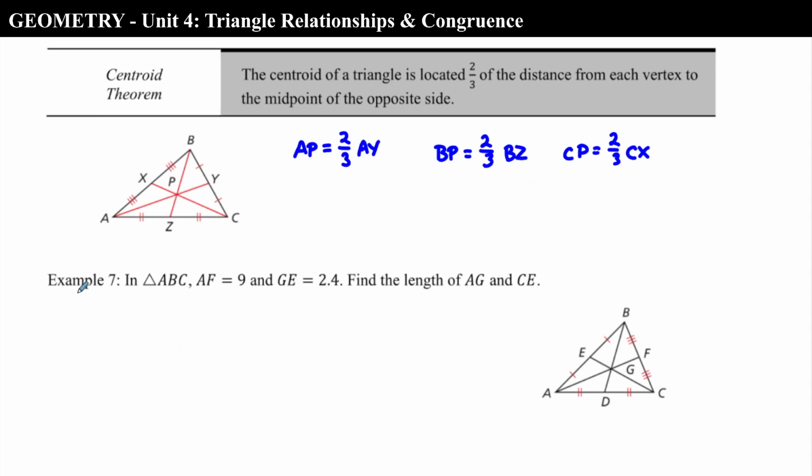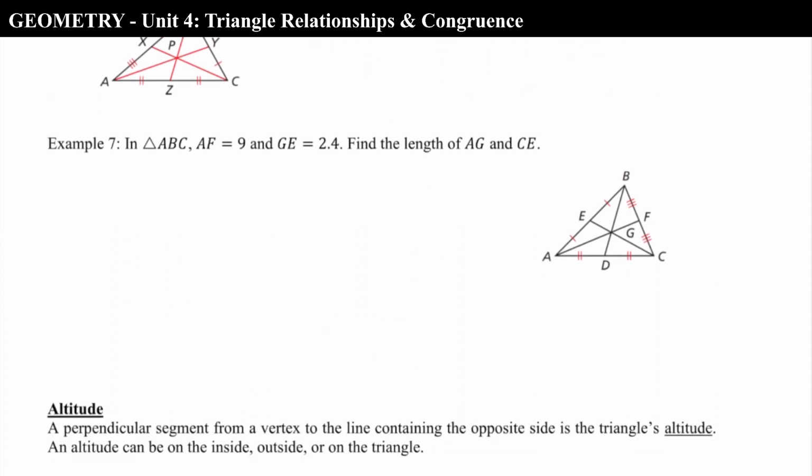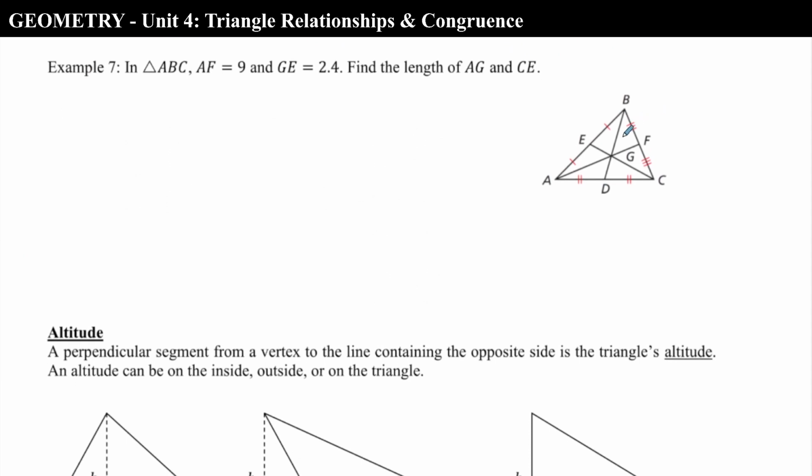So let's do an example for this one. In triangle ABC, AF is 9, so the length of this whole thing is 9, and GE is 2.4, so this little section is 2.4. We've got to find the length of AG and CE, so let's start with AG.